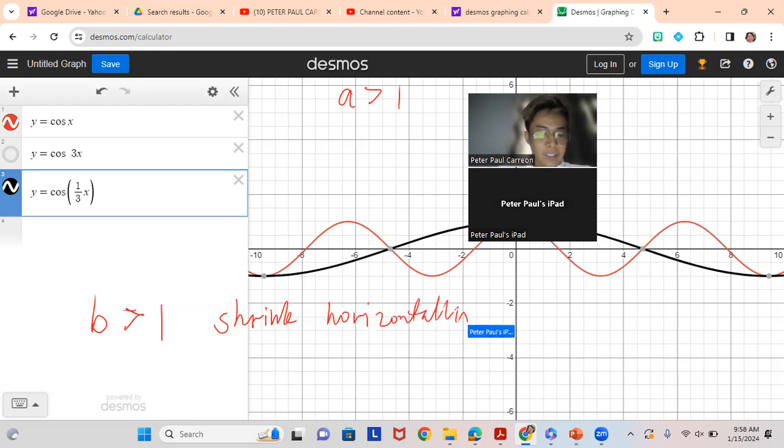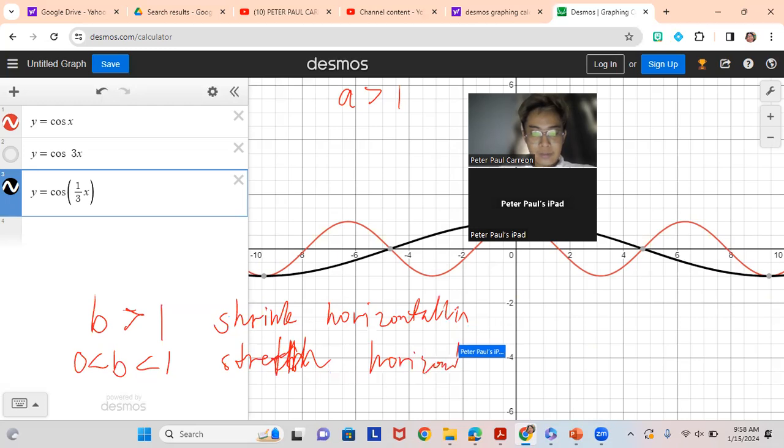Pero kapag ang B natin ay between 0 and 1, nag-stretch siya horizontally. Kapag ang A natin ay greater than sa 1, baligtad yung effect.